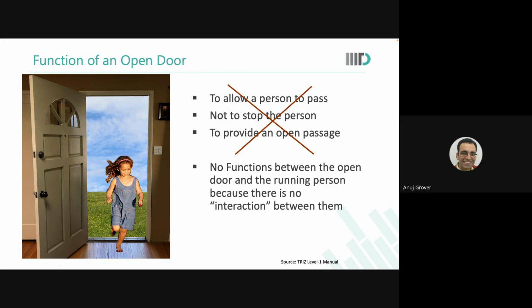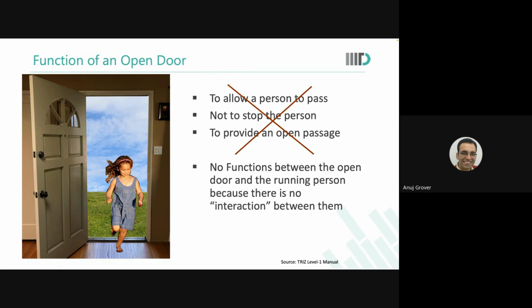Then that open door also had a function. But what was happening? That open door was touching that string. That function came because of that string. When I'm using the open door like this, there is no touch happening. There is no function. Are you able to see this?